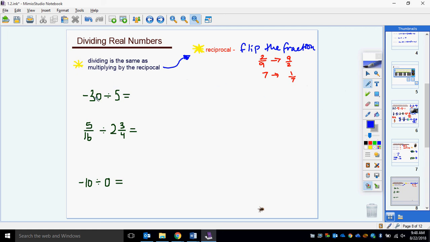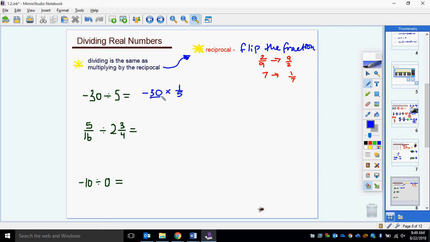I have negative 30 divided by 5, which you could probably type in your calculator, but if we're doing it without a calculator, I want to keep the first number the same, change division to multiplication, and find the reciprocal of 5. Remember, that's 5/1, so I'm going to flip that to be 1/5.